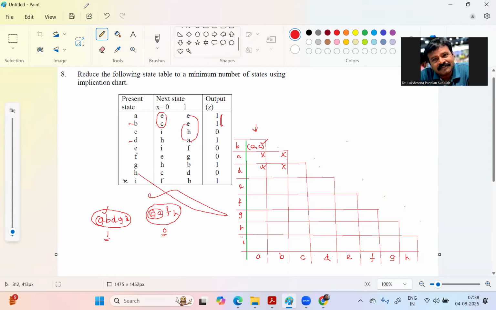Then we complete the first column. AE is a different group, so it cannot be a pair.